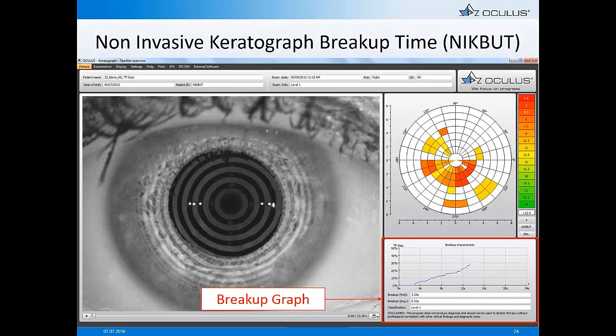And I'm surprised at how many even 25 to 30-year-olds wearing contact lenses come back with a NIKBUT that looks just like the one you have on the screen right now. I would think that most of my patients in their 20s would be all green with a great NIKBUT score. It's not the case though.